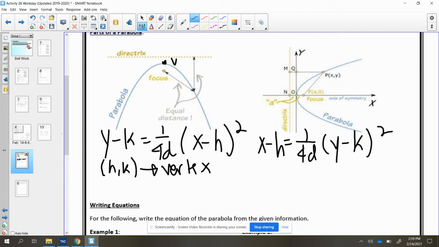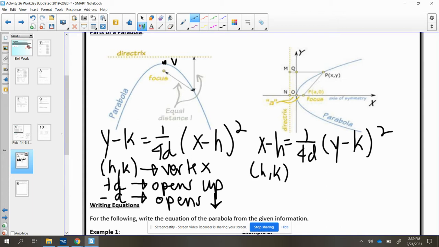And then again, if it's a positive d value, it's opening up. And the negative d value means it opens down, while the reverse happens over here. The vertex is still h comma k, but positive d means that the parabola opens to the right versus the negative, which means it opens to the left.